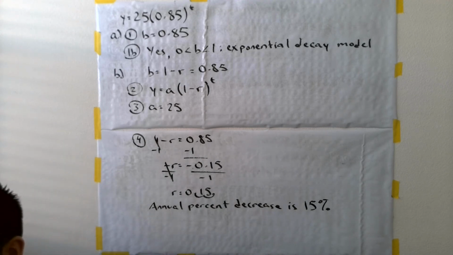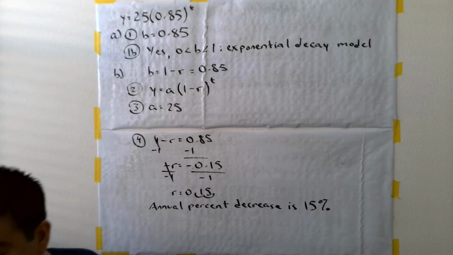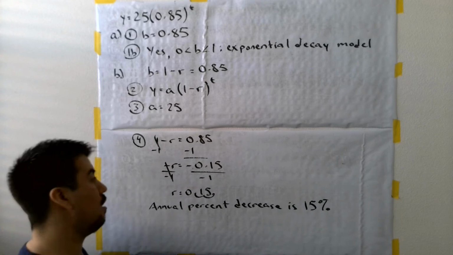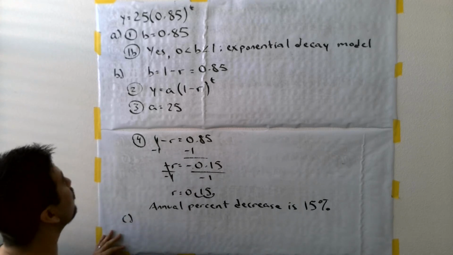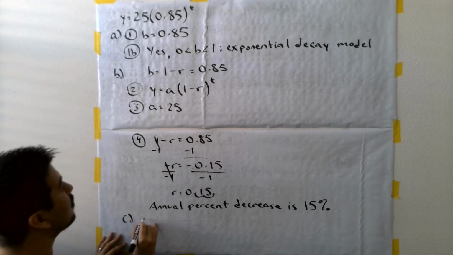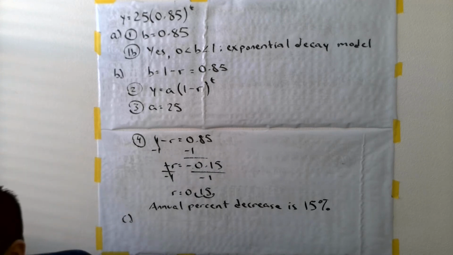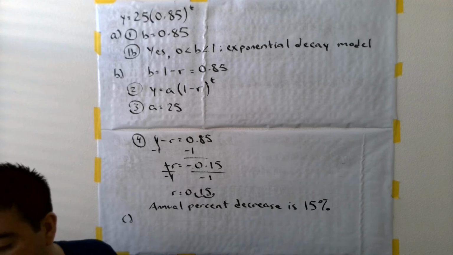All right. Now, for problem C, it says estimate when the value of the car will be $8,000. There's a couple of things that I need to indicate here. Remember, y is expressed in thousands of dollars.